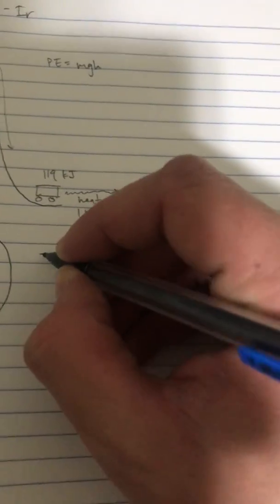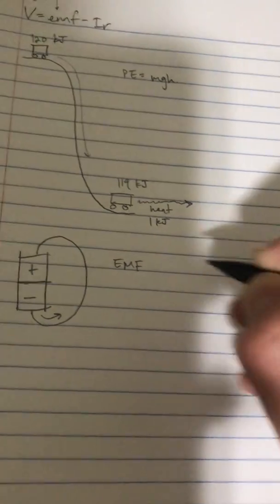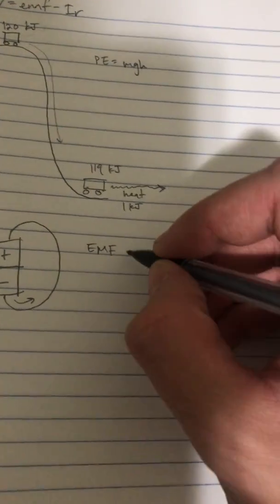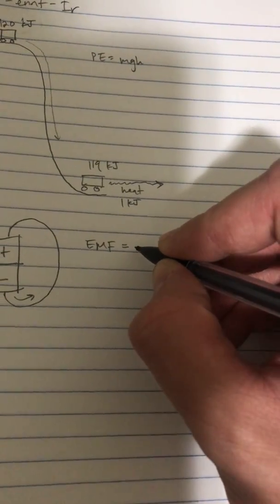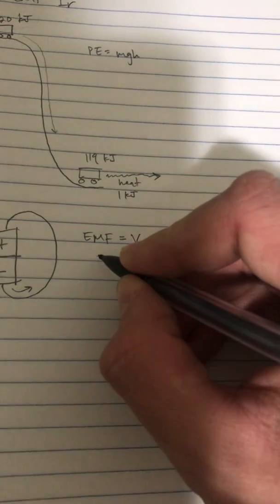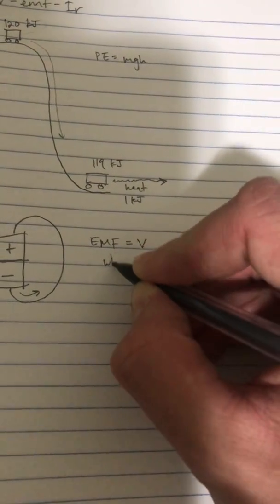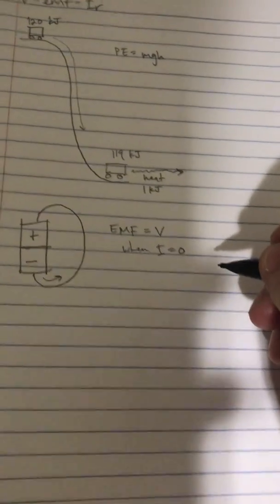And we define EMF. So we're going to say that EMF equals terminal voltage when I, or current, is equal to 0.